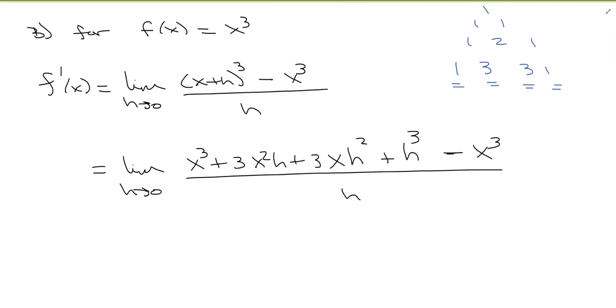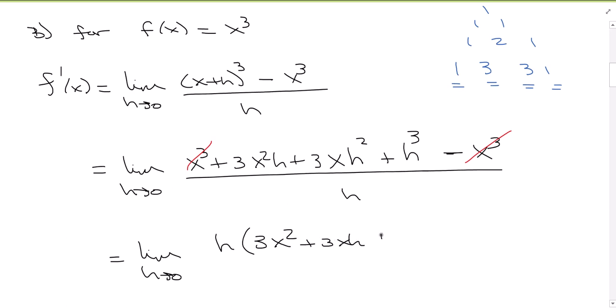Combine like terms. Here the x cubes cancel out, and so we're left with the limit as h goes to 0 of, notice that everything in here has an h, and that's because we want to be able to factor that h out. So 3x squared plus 3xh plus h squared, all over h. Our goal with the difference quotient is to be able to cancel out this h.